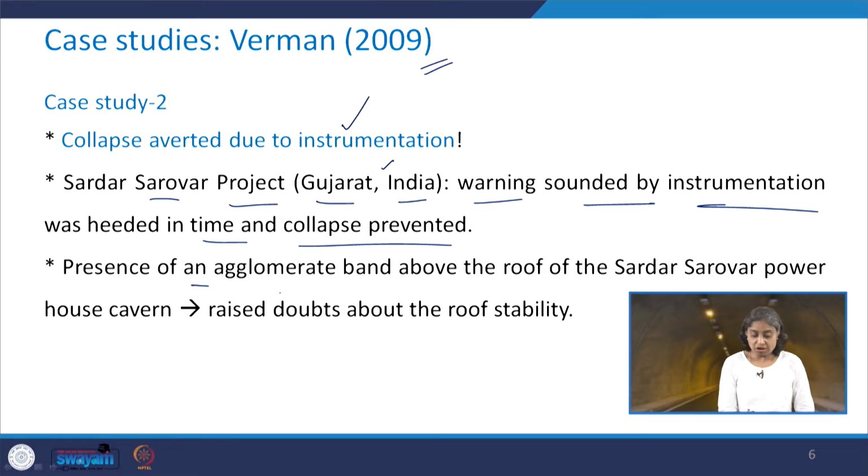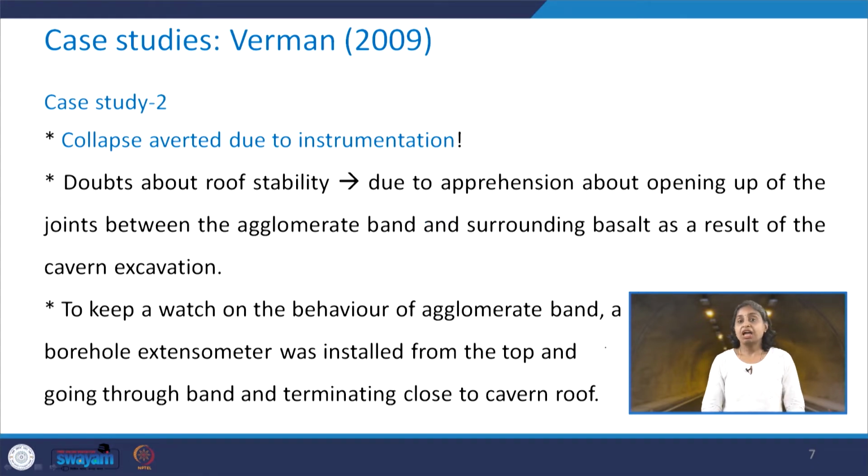The presence of an agglomerate band above the roof of this particular project raised doubts about the stability of the roof, and this was due to the apprehension about opening up of the joint between this agglomerate band and surrounding basalt as a result of the cavern excavation.